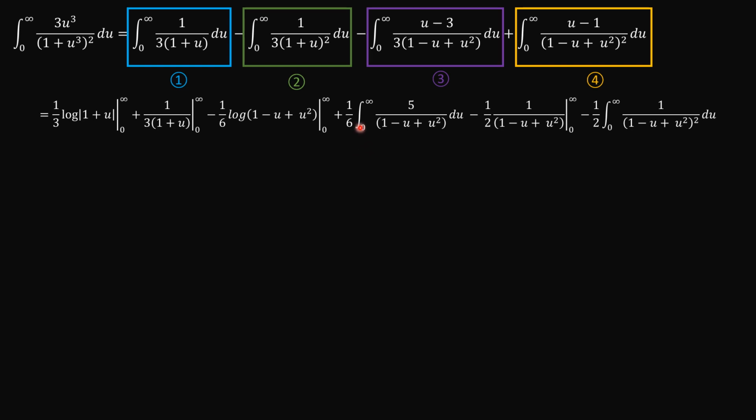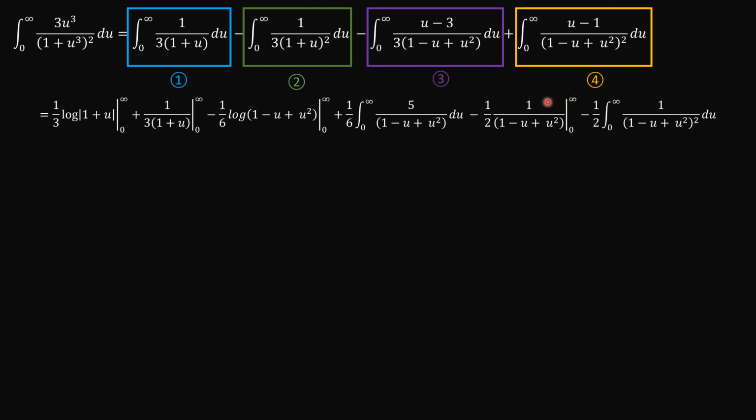Then the third integral there meant that we would split it into two, so that the second one was the integral of 5 over 1 minus u plus u squared, times the sixth.